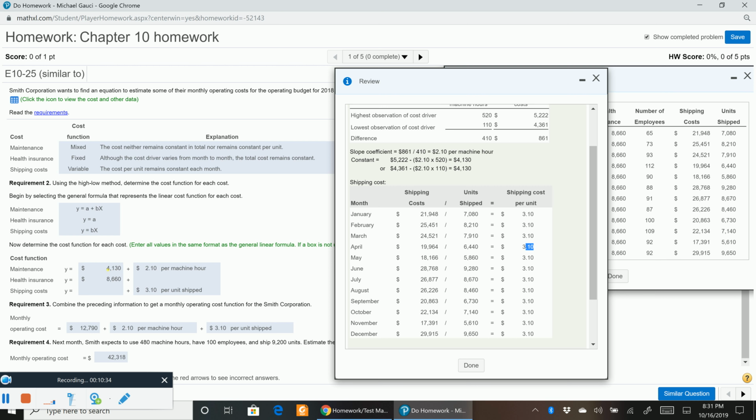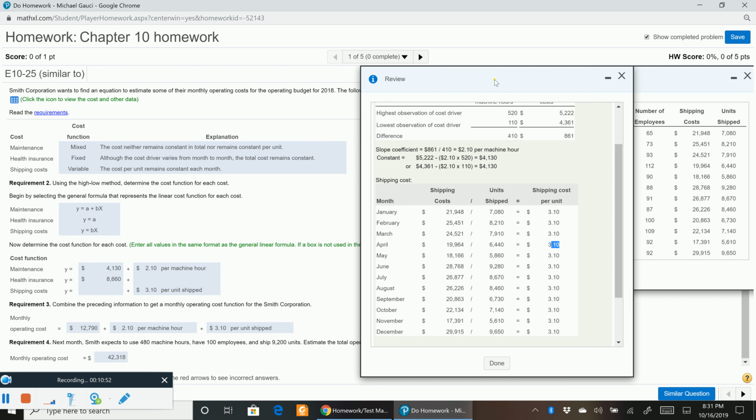If you take the $4,130 and the $8,660, we get $12,790, plus $2.10 per machine hour plus $3.10 per unit shipped. These are the two variable costs.